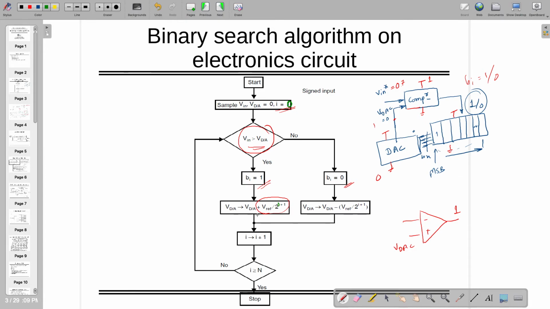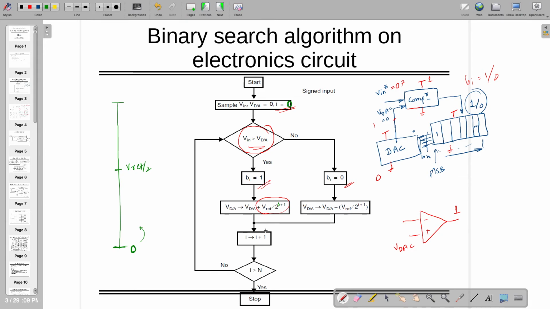VDAC already has 0, now you are adding Vref by 2. So you compare first whether it's more than 0 or not at the 0th iteration, and then you know that of course that will be higher. So when it is 1, it's going to be here. My VDAC value will go to Vref by 2.